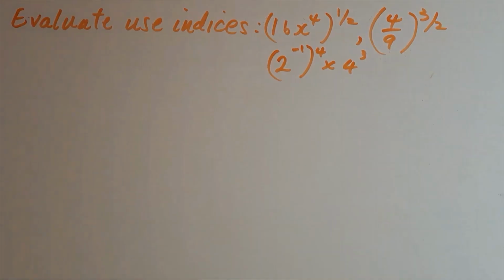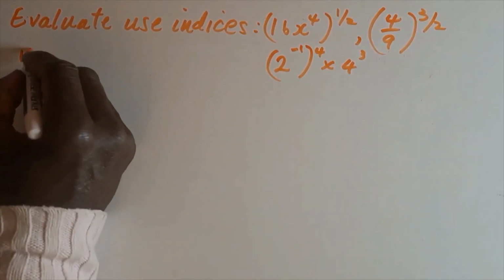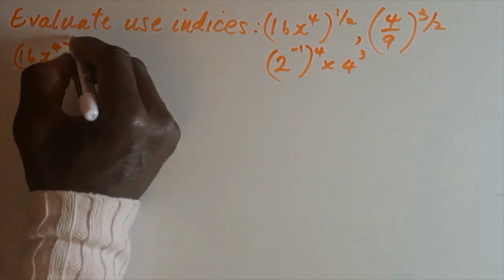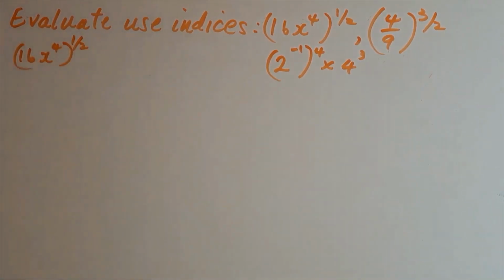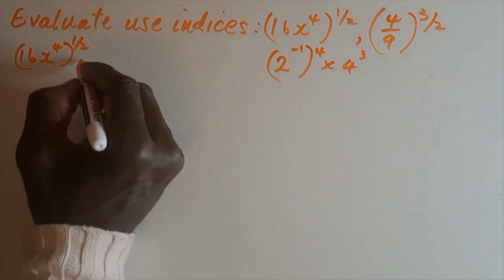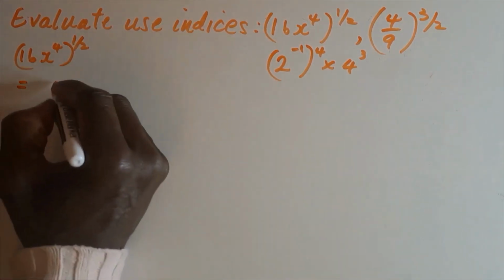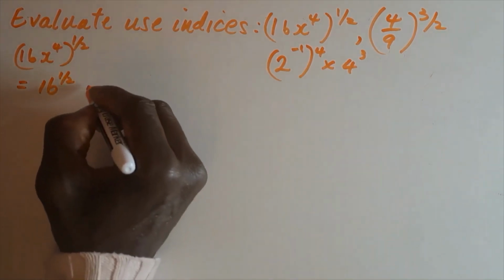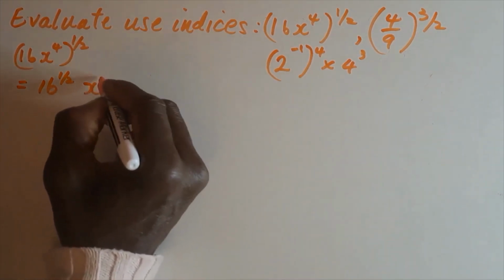Hello. Evaluate using indices. Let's do the first, 16x to the 4th, and we're taking the square root. Whenever you see the index a half, that means the square root. And this is equal to we square root 16 and also x to the 4th.